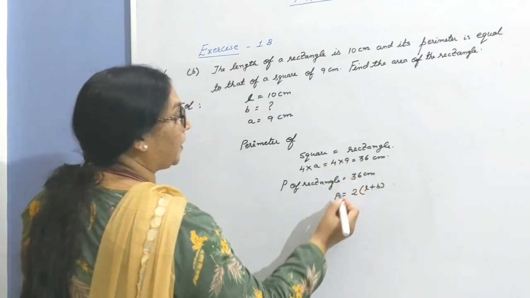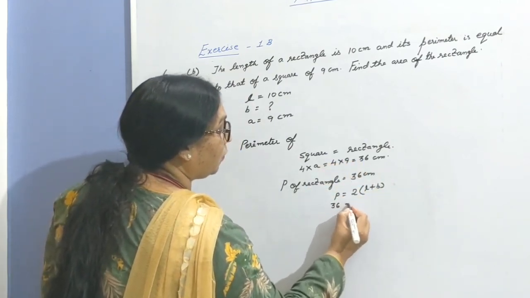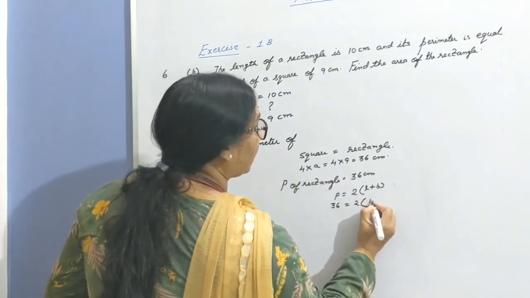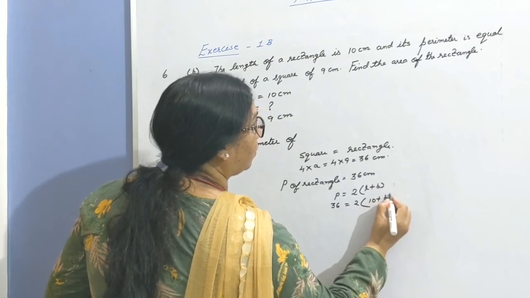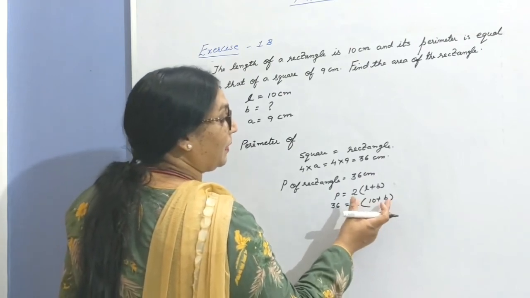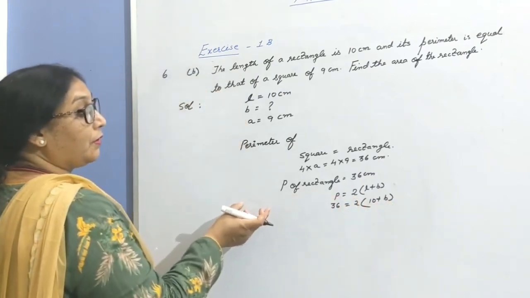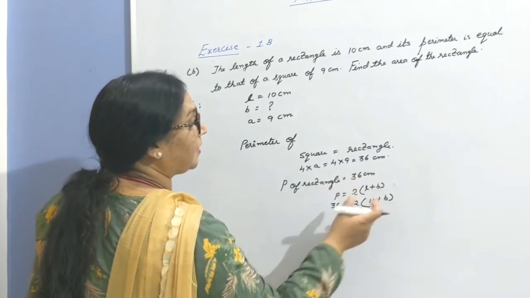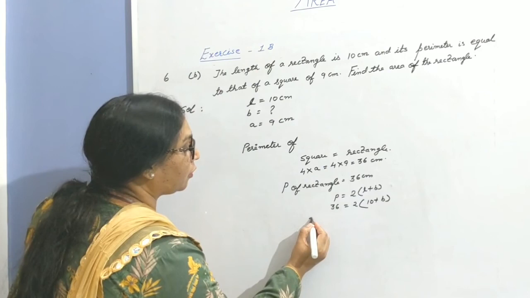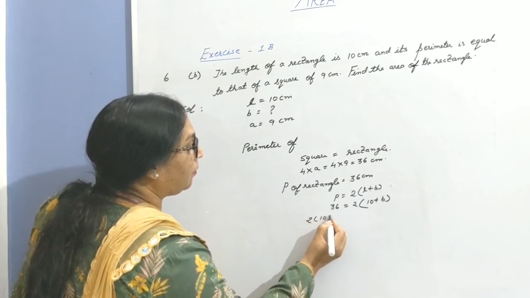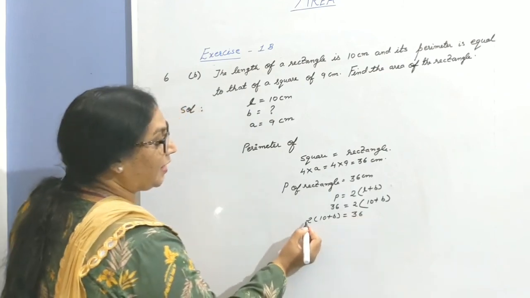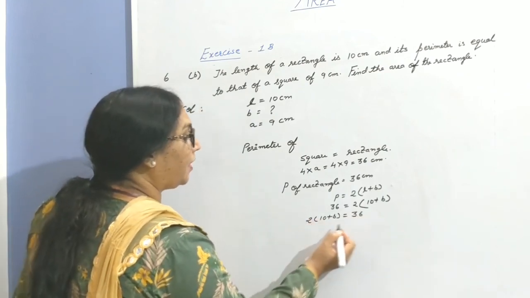Substitute the value. What is perimeter here? 36 equals to 2 times length. Length is 10 centimeter plus breadth is unknown. As always I say, to find the unknown quantity, we place the unknown quantity on the left side. So let us exchange the two hand side values. 2 times 10 plus breadth equals to 36. 2 is connected with multiplication sign, transpose to the other hand and divide.